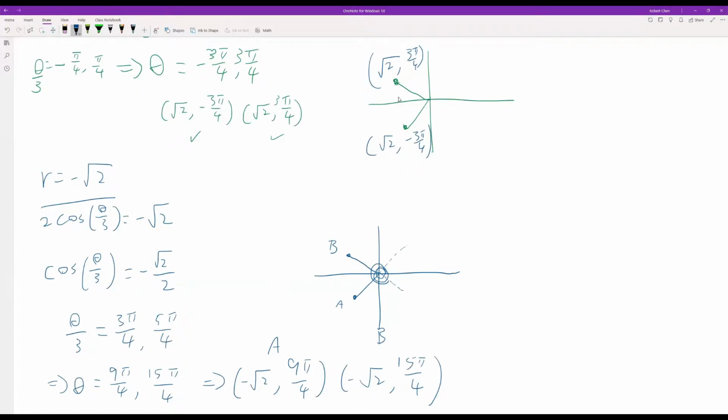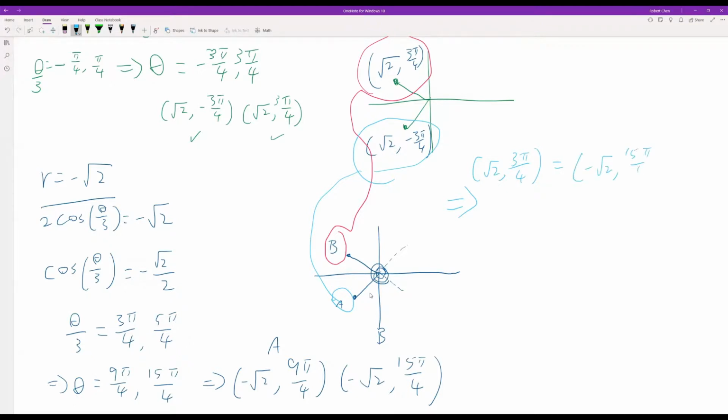Radical 2, 3 pi over 4 is actually the same thing as point B, which is negative radical 2, 15 pi over 4.